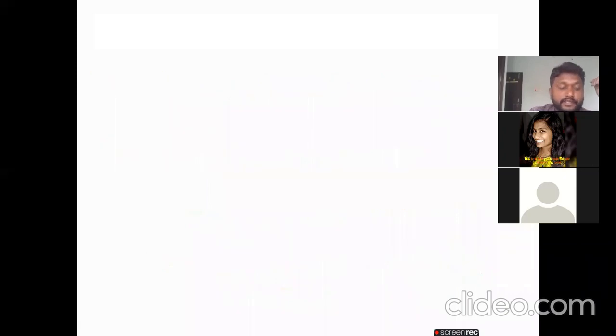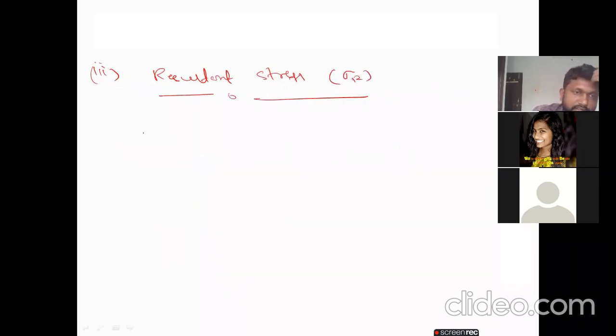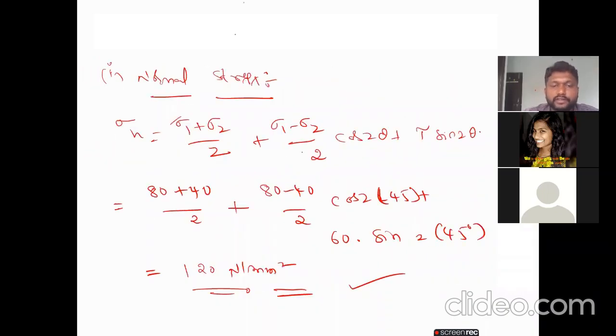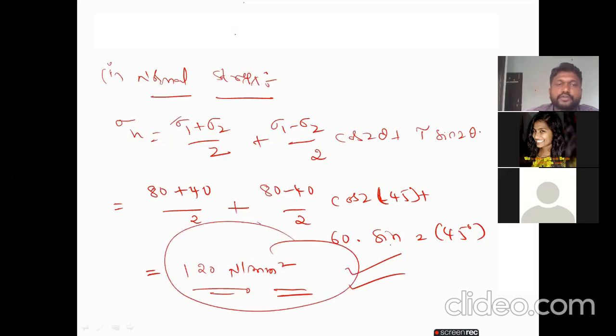The next step in the problem they asked, the third one, is the resultant stress. The resultant stress is sigma r. The formula is the square root of sigma n square plus sigma t square. Sigma n we calculated already, the value is 120 Newton per mm square.